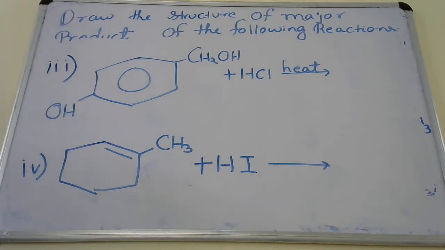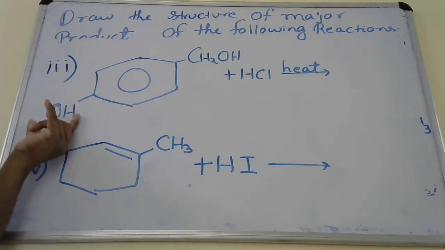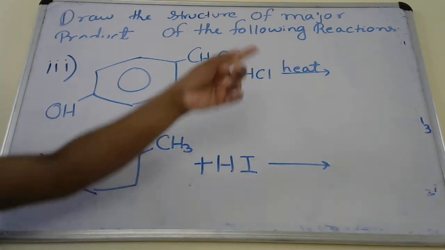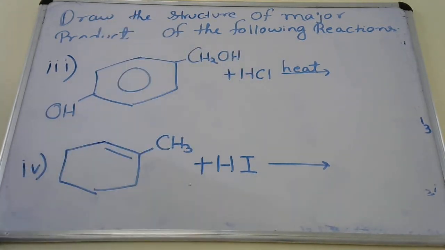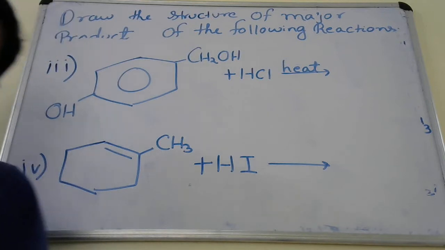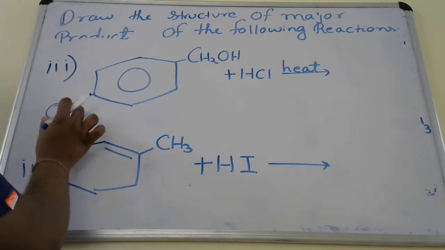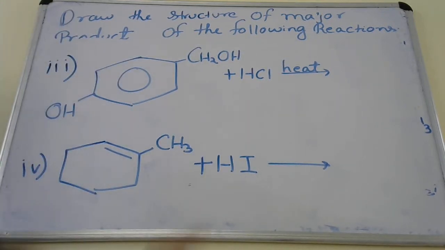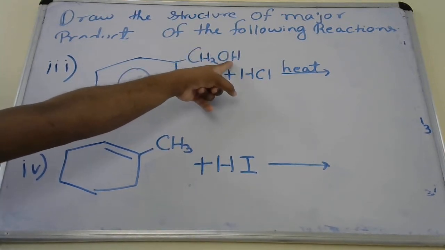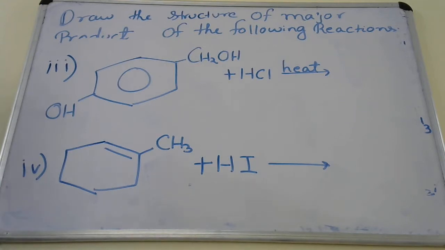Bit number 3, there are two types of alcohol. One OH group is directly attached to benzene, another OH is indirectly attached, not directly attached. Now OH will be replaced by chlorine, but which OH? The OH attached directly to benzene or the OH attached indirectly to benzene through a carbon?